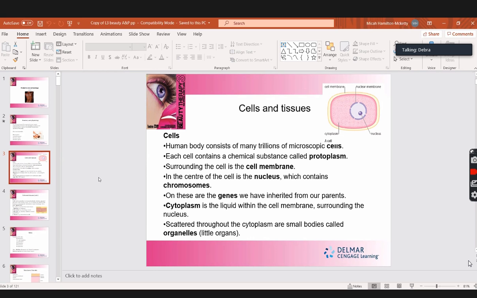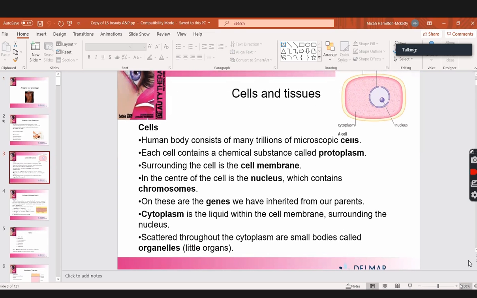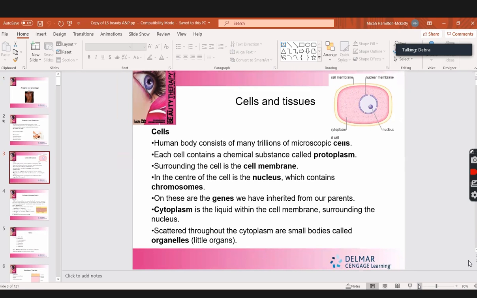So let's make our picture a little bit bigger, so we can have a look at all these different things. Okay, that's too big. Okay, can we see that? And I will go a bit closer. So each cell contains a chemical substance called protoplasm.